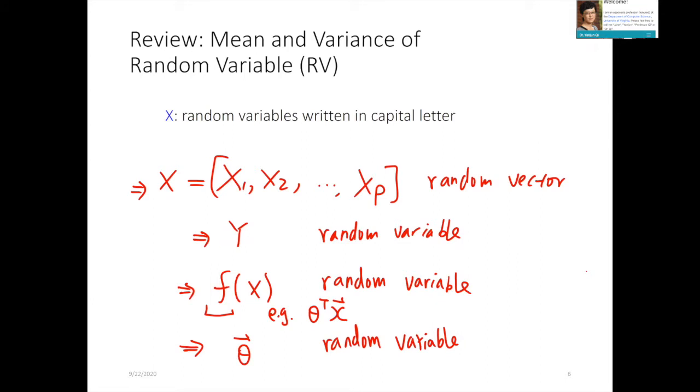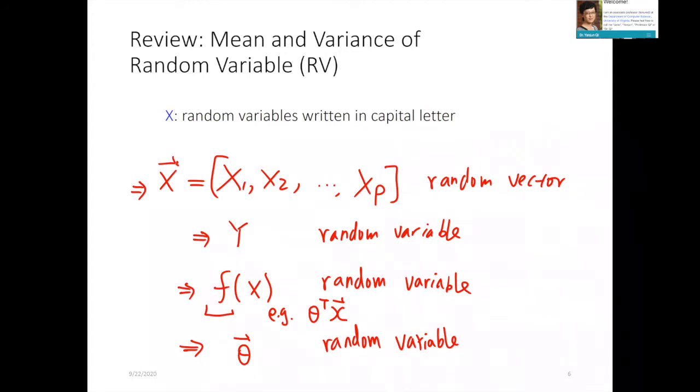We normally write a capital letter for a random variable, and in our setting we mostly have a random vector. We can write this as a capital letter with an arrow on top, with p random variables included. This is a random vector. And in our setting, we also normally have the output random variable. We can think of these random variables as following some kind of probability distributions.